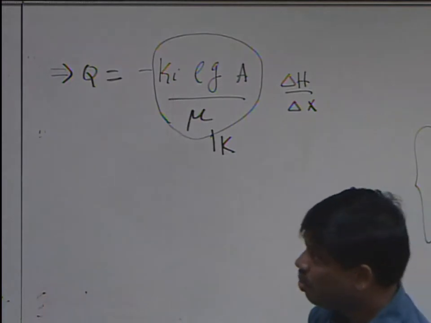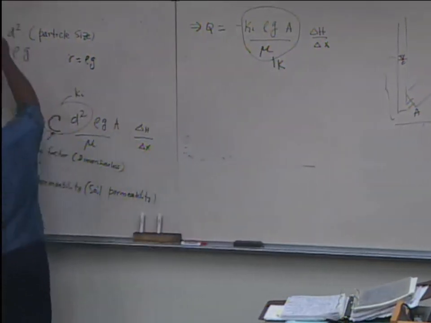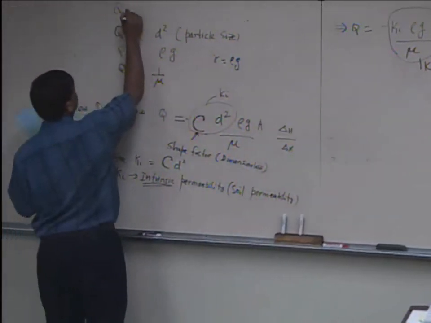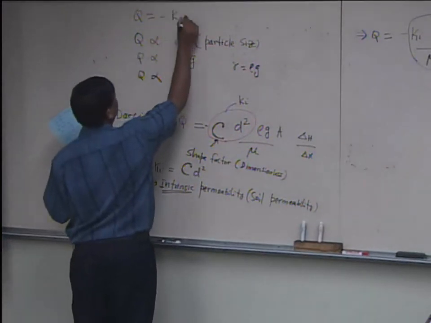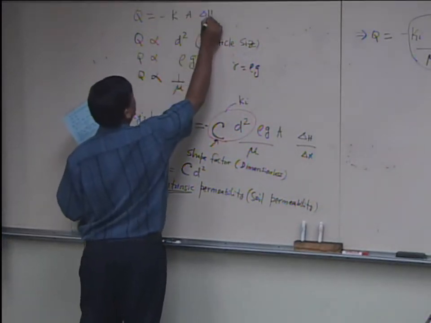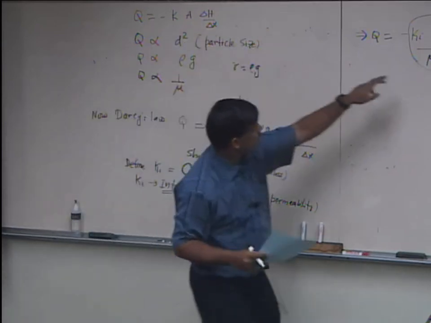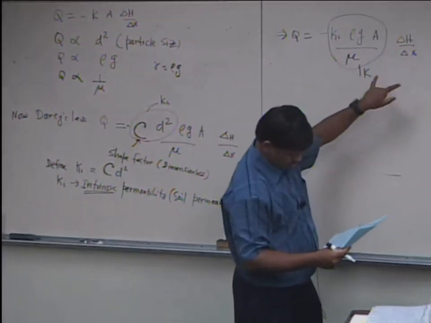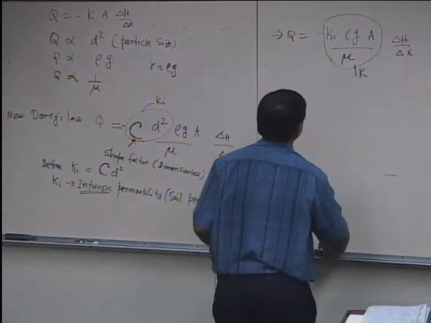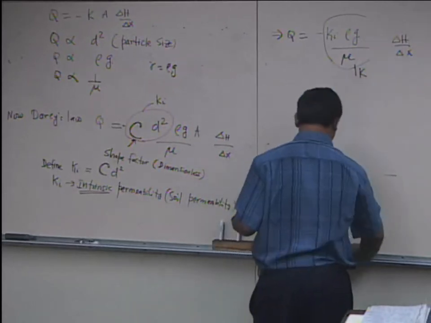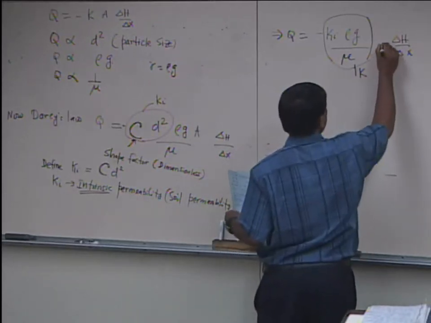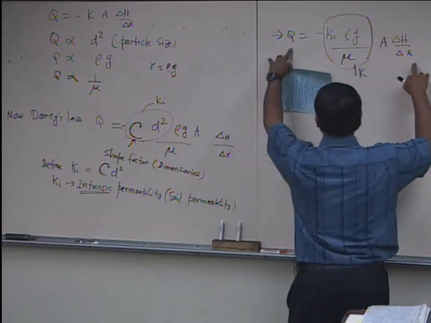Okay. So now, initially we defined Darcy's law like this, right? Q equals minus K times A delta H by delta X. So A delta H by delta X still stands. Okay, so that was the original Darcy's law.